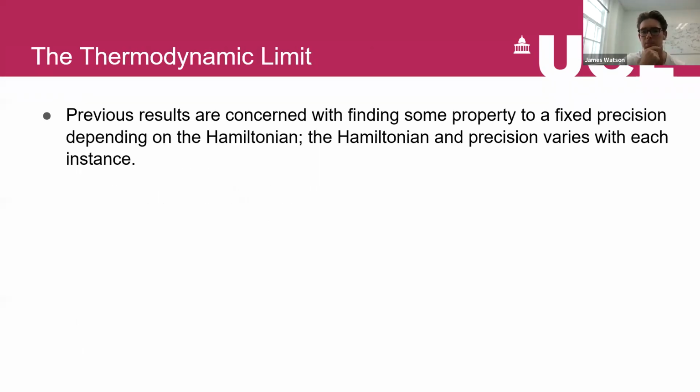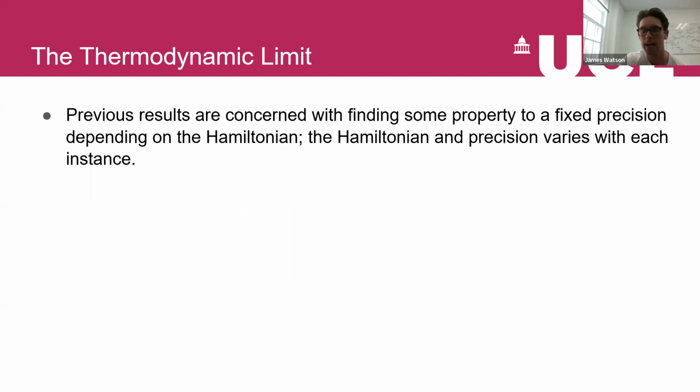all of these problems that I've described previously are phrased in a particular way. All these previous results are concerned with finding some property of a physical system to a fixed precision depending on the Hamiltonian, and the Hamiltonian and the precision vary with each problem instance.